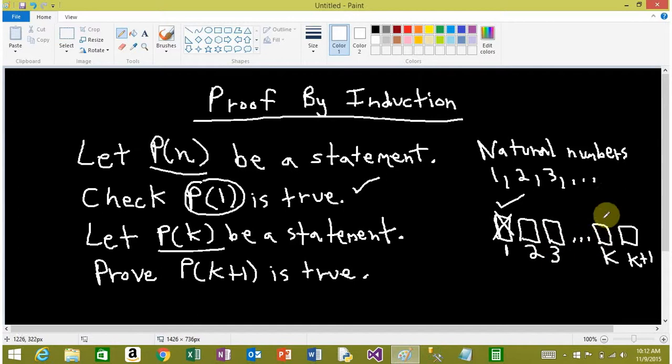Then later on we go to this k domino in our stack of dominoes. If we see that it's going to fall down, then the one after it, the k plus 1 domino, is going to fall down as well. That's basically how proof by induction works conceptually. The best way to illustrate it is by looking at some examples, so let's look at some examples.